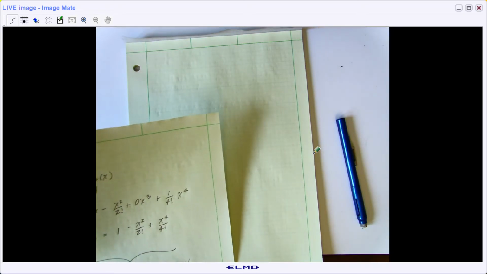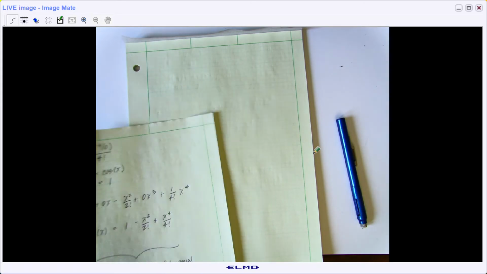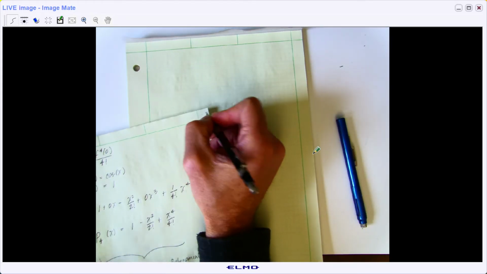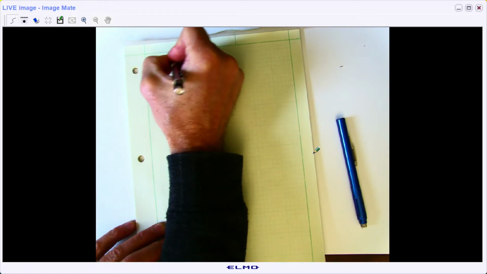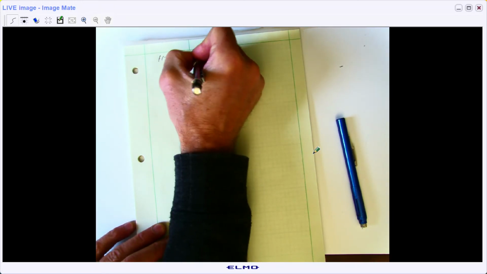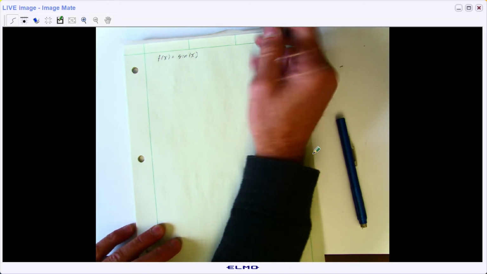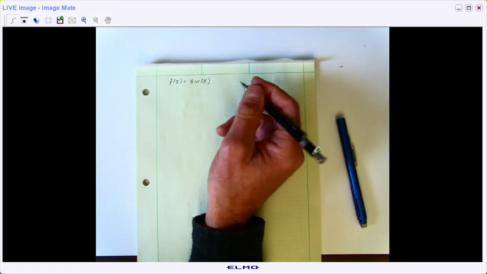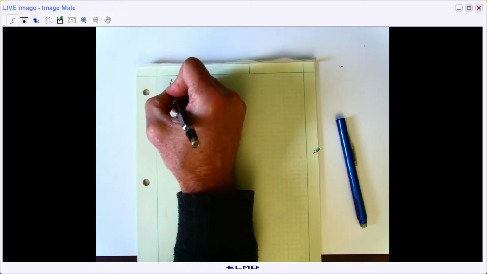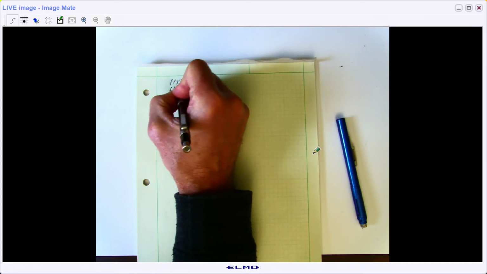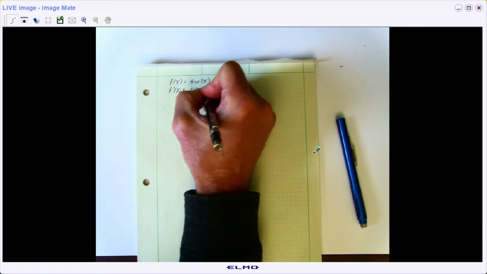Let's see. So this is number 3, right? Or is it 4? Well, I'll figure that out later. Let's see. F of x is equal to sine x. And what we want is a fourth degree Taylor polynomial approximation. We know those Taylor polynomial approximations involve derivatives, and we need up to the fourth derivative. So the first derivative will be cos x.